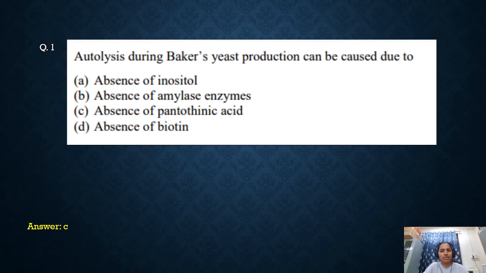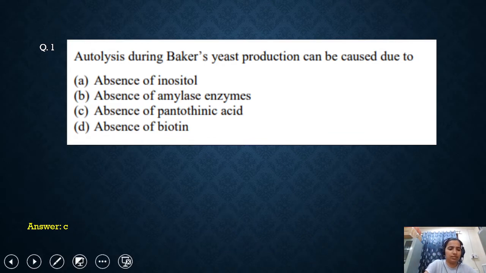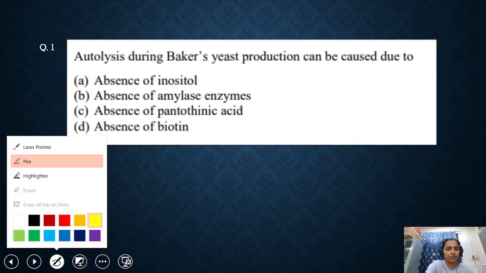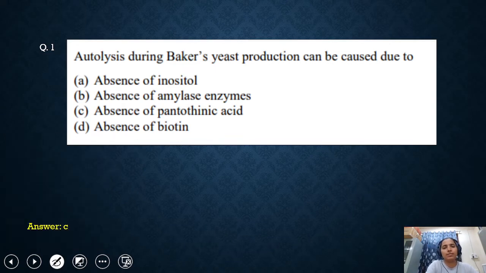So they are asking that when you produce this baker yeast, during the production, the autolysis means the breakdown of this product starts occurring, and that is due to. So you have to give the reason why the autolysis of this yeast is occurring.